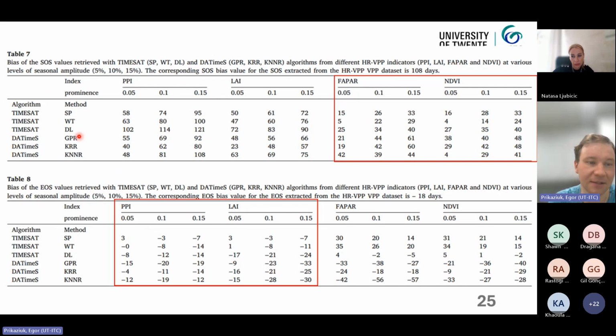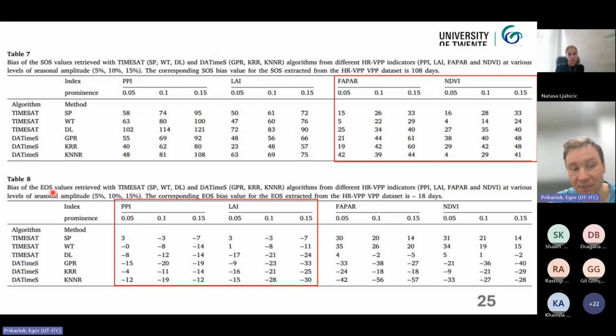These are biases. These are different smoothing methods that we can discuss during the question answer part that we checked. But overall, you see here are some large numbers. Here are some smaller numbers. Smaller numbers of biases, good. Large bias numbers are bad. So apparently for start of season, FAPAR and NDVI, as I showed you in the previous graph, they work better than PPI and LAI.